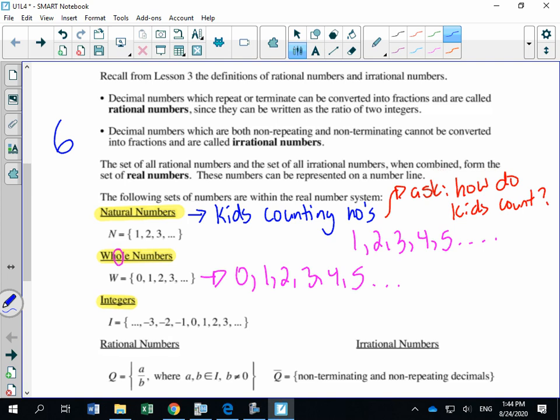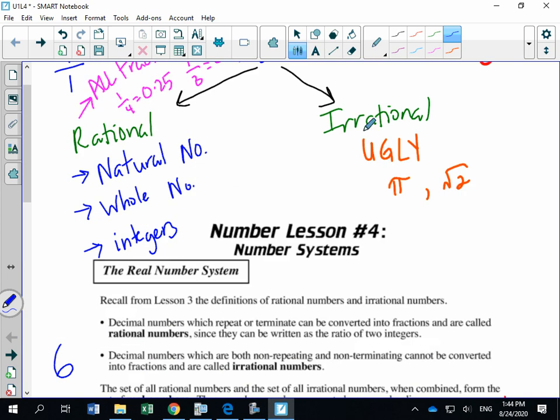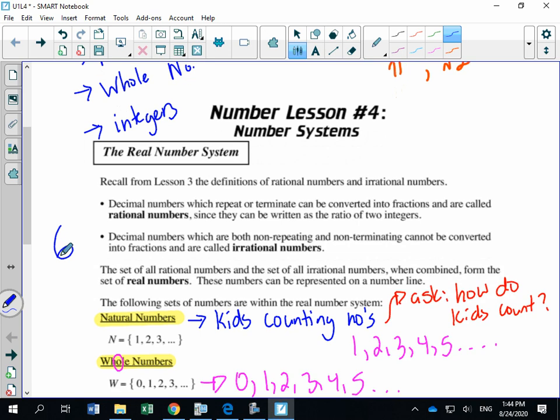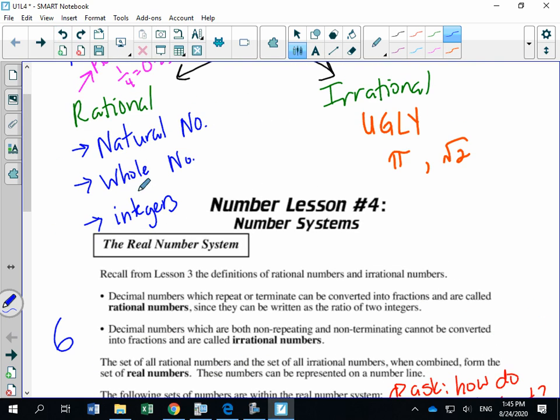You would say it's either got to be rational or irrational, right? This is a nice number. This is a beautiful number. This is a rational number, right? Because I could write it as a fraction. So it's a rational number. Then you need to be able to tell me from the rational numbers, we've got these 3 that it could belong to. It could belong to 1 or all 3 or none.